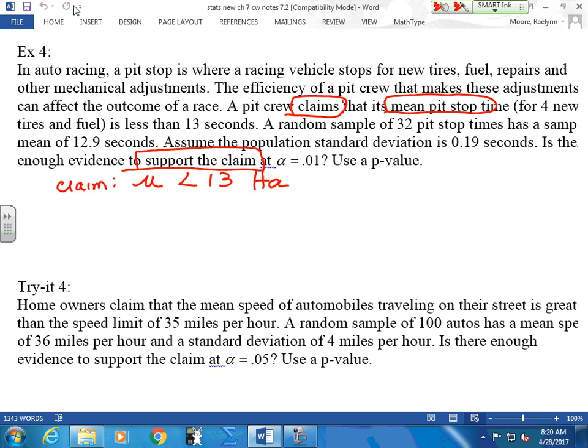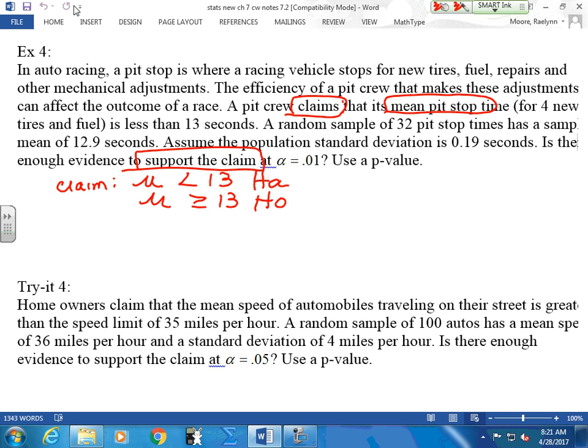Now, what's the HO? Now, here's a good way to check this. At the end, they use the word support. You support this claim. He's making the claim that it's less than 13 seconds.